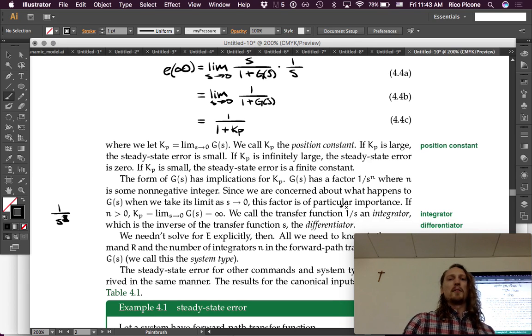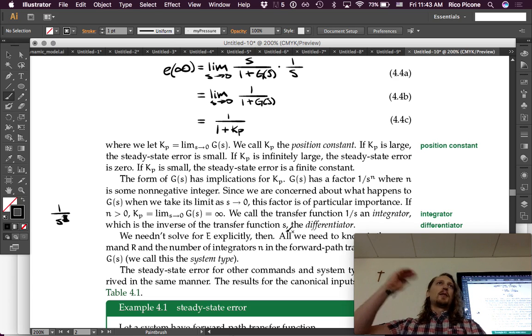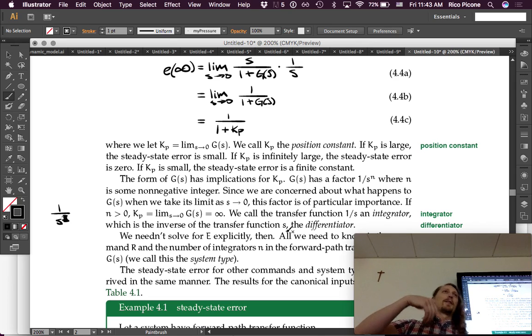So this magic 1 over s term, which could be a transfer function in and of itself, is called an integrator, okay? Which is the inverse of the transfer function s, which is called the differentiator. The reason for that is the Laplace transform identities, which you may or may not recall. But s is a differentiator, 1 over s is an integrator.